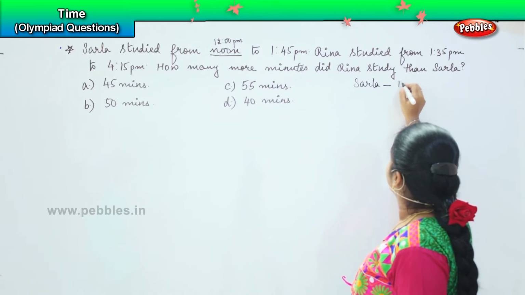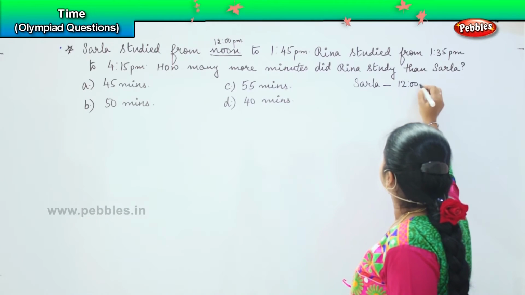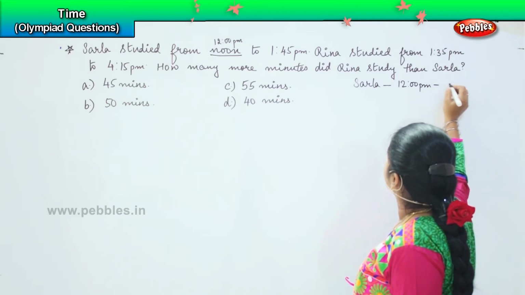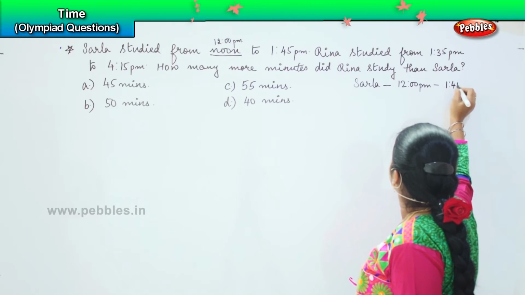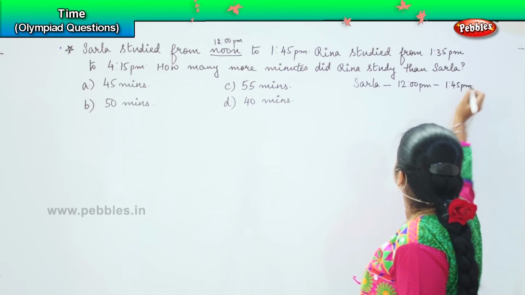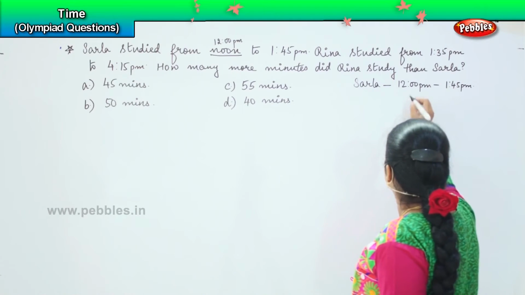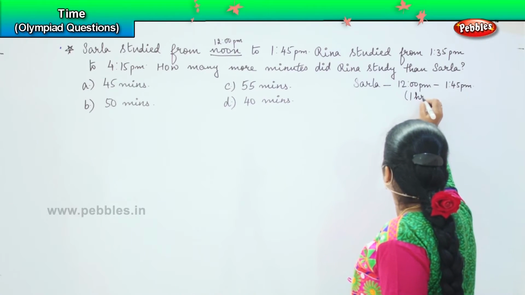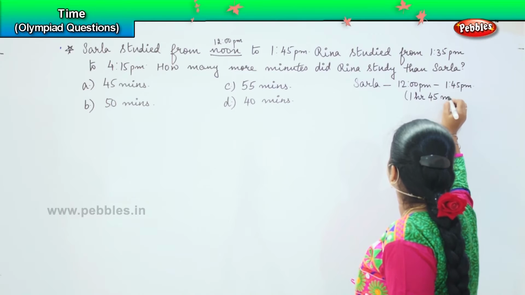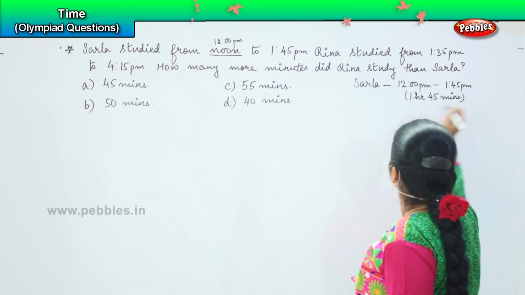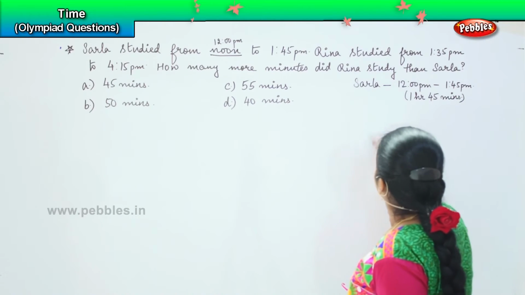Sarla started from 12 p.m. to 1:45 p.m. Okay, so which means she has studied 1 hour and 45 minutes. Okay, now coming to Reena.